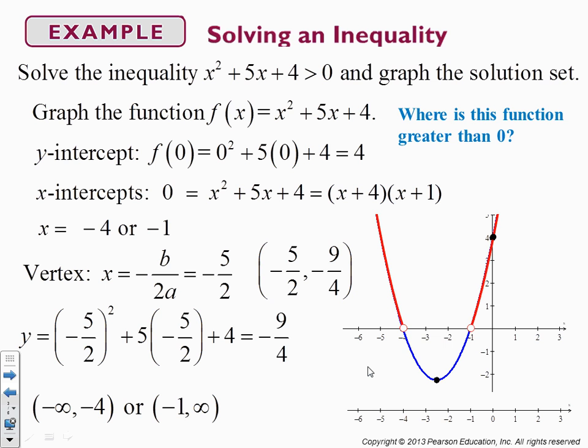So this leg will go off forever and all the way to negative infinity. It'll keep getting more and more negative. So we say negative infinity to -4, then we pick up the next one, or -1 all the way to infinity. So you go left to right when you're doing your interval notation.